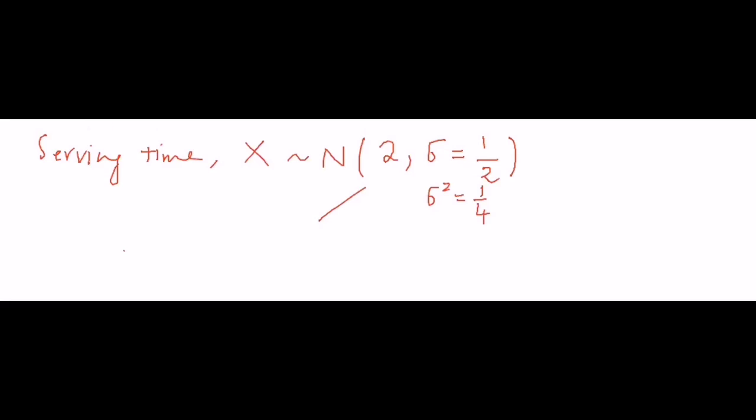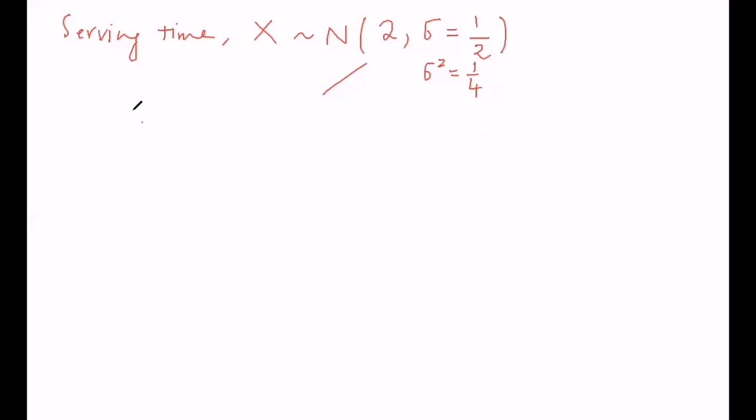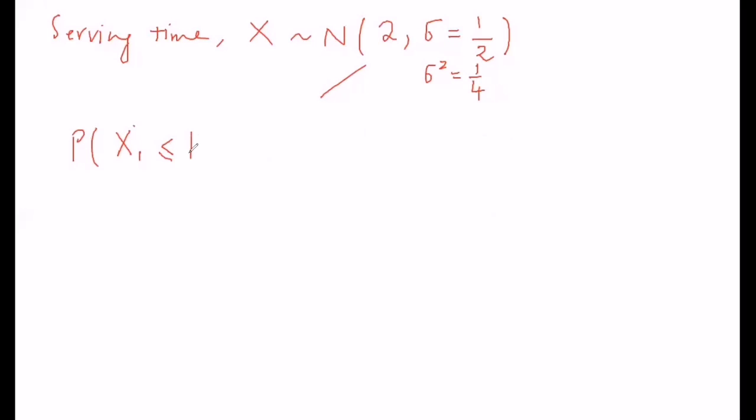So then once you have that, you can answer the questions, right? For two customers, what's the probability that both of them are served in 1 minute or less? So customer one, the serving time is less than 1 minute. So again, you normalize. Subtract 2, divide by the standard deviation, 1/2.